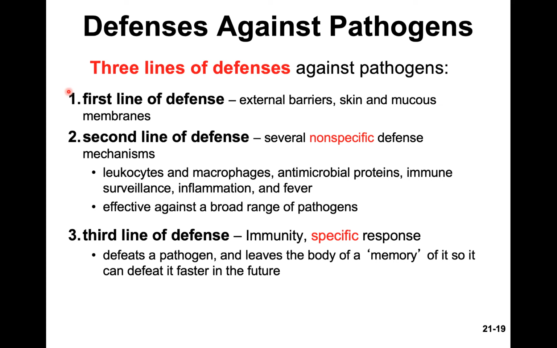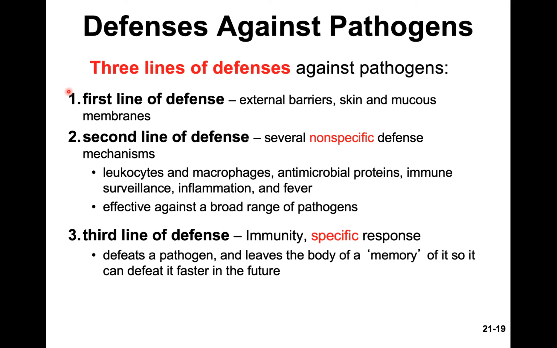So the first line of defense includes things like your skin, mucous membranes, or any external barrier that creates a physical separation between your internal environment as well as the external environment. The second line of defense is again another non-specific defense, and this one is made up of actual immune cells like leukocytes, macrophages, antimicrobial proteins, processes like inflammation and fever, all of which do fight against bacteria, but not against specific bacteria.